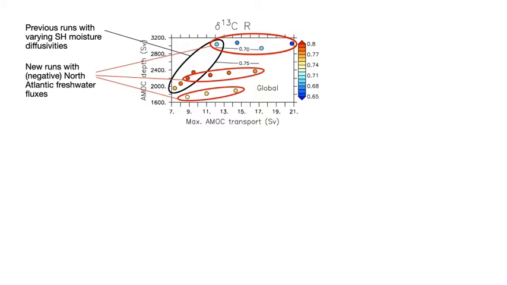They are very horizontal, indicating that AMOC strength does not affect the fit to the data very much, whereas AMOC depth, shown in the vertical, affects the fit a lot. Just for reference, here is the pre-industrial control simulation, situated here, at 17 Sverdrups and about 3100 meters.